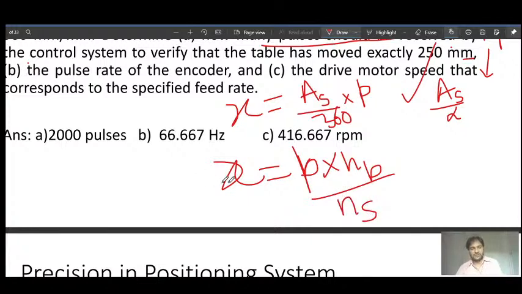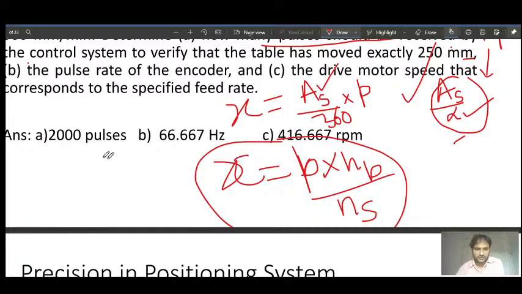So simply multiply with X, put the value, you can find AS value and then put the AS value, AS by alpha. Again for that you need to calculate AS, and as you are given alpha, alpha 360 by NS. So use this formula.